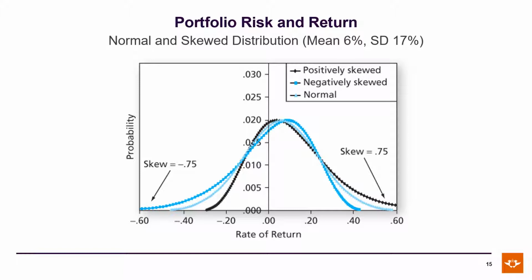Now this has a significant impact obviously on the risk of your investment. If it's skewed to the left, not good, because that means there's more likelihood of making losses. So the nature of the distribution impacts on the risk measures we can use and the riskiness of our investment.